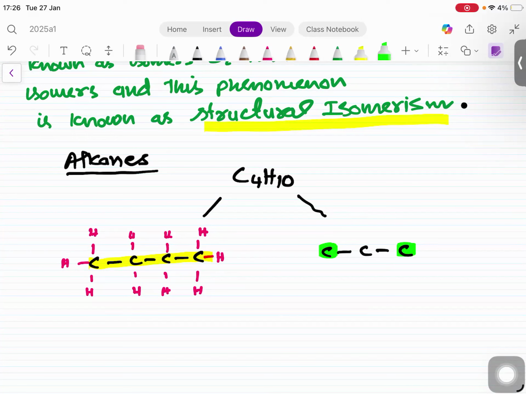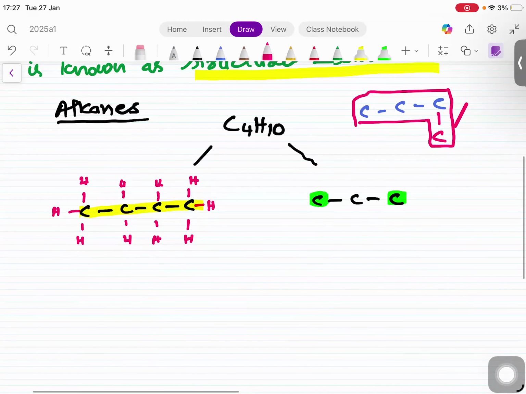Please pay attention. If I put it on the terminal carbon, it's not a branch. It's just the straight chain bending downward, like you hammered it down. A branch is only when you leave the terminal carbons alone and put the 4th carbon on the center carbon.